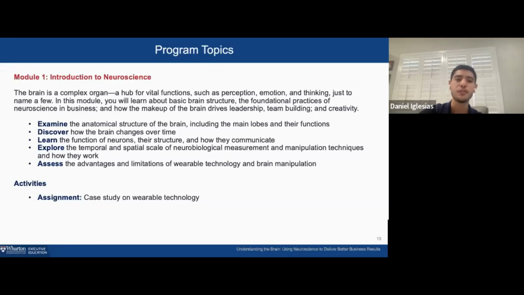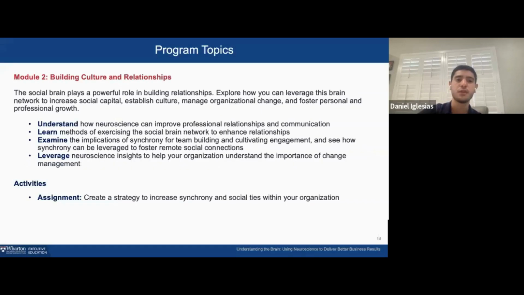Transitioning to module 2. Within module 2, we'll explore building culture and relationships. The social brain plays a powerful role in building relationships. Now the question is, how? At this point in the course, we'll have already looked at the brain and understood its main lobes and functions, but now we'll transition to understanding how the social brain actually impacts our daily experiences in the workforce, how to increase social capital, establish culture, manage organizational change, and foster personal growth, along with professional growth, by understanding the brain best.